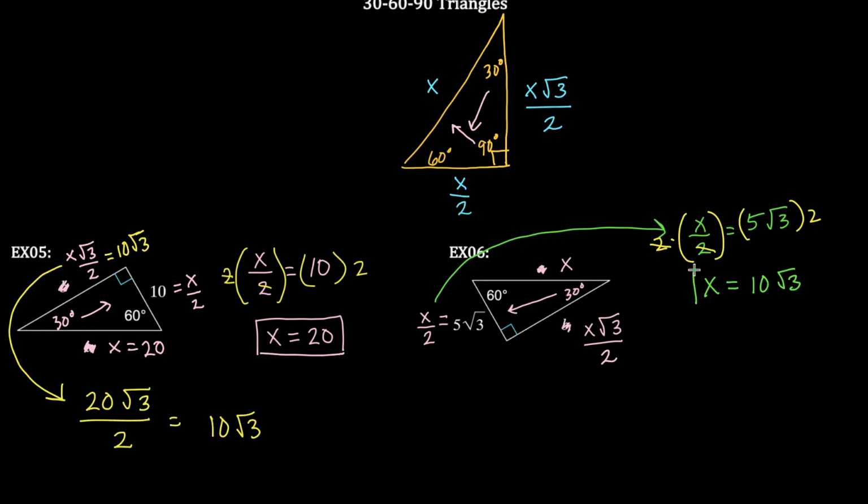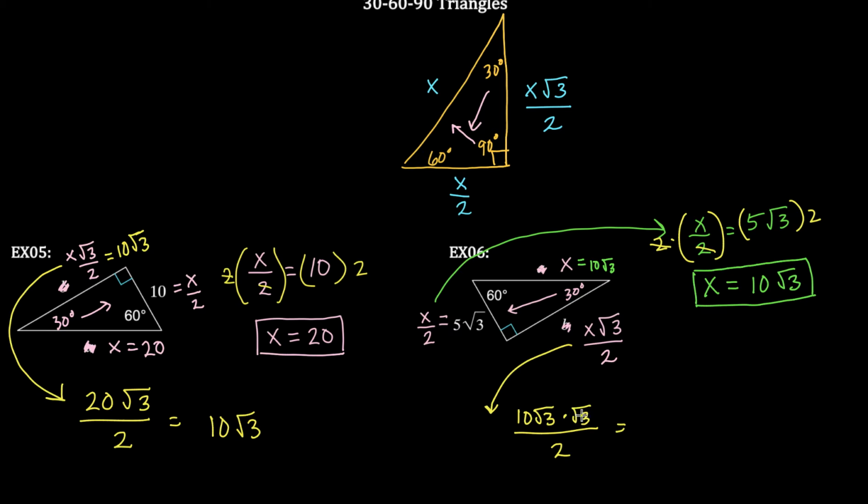Yeah, so I'm good here. So this is X equals 10 square root of 3. And then I'm going to do this one right here. So I end up with 10 square root of 3 times square root of 3 over 2, because X was 10 square root of 3.